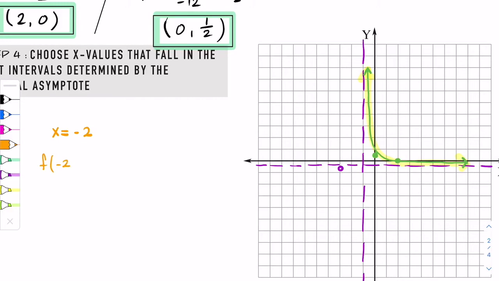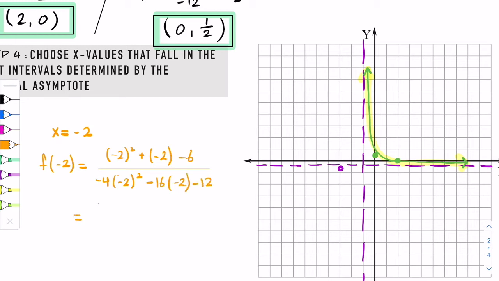When you substitute this into the original function, you have -2 squared plus -2 minus 6, and this is over -4 times -2 squared minus 16 times -2 minus 12.